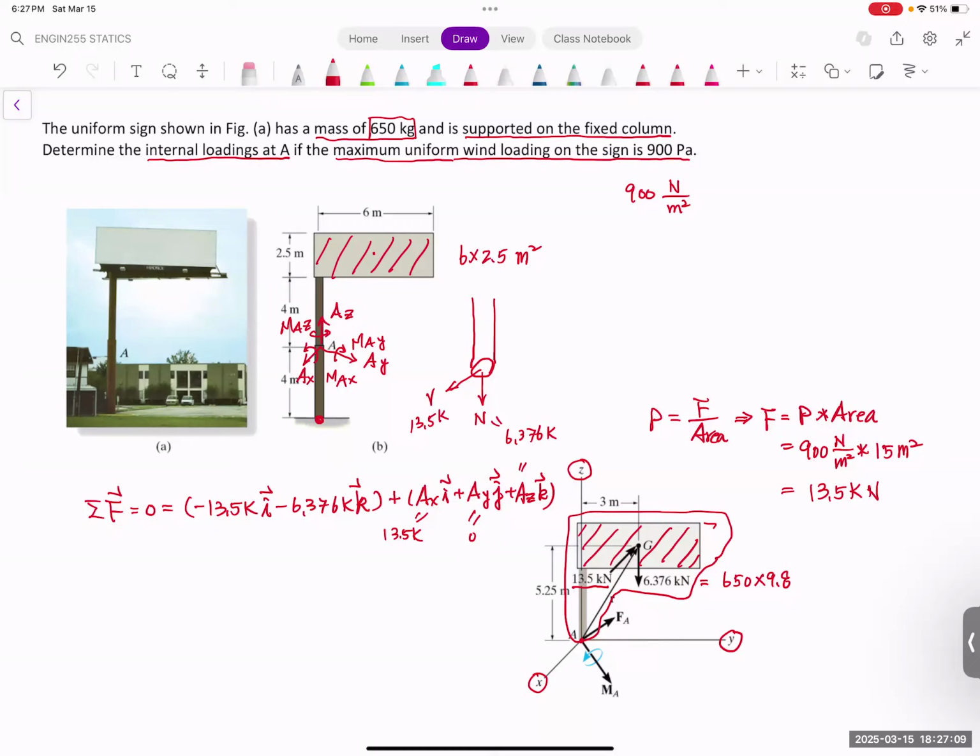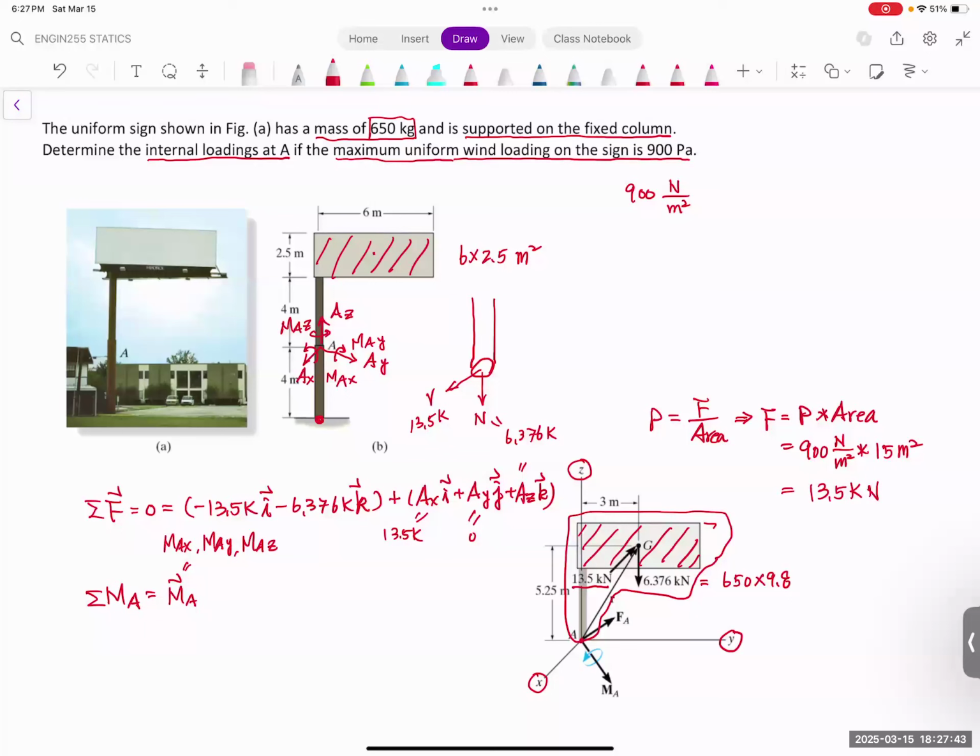Now, how do we find a moment? If you want to find a moment, we have to pick a point. Let's say the moment at point A. We choose this point because I don't need to worry about F of A creating any moment. We only have the moment of A. This moment is going to be a vector because it is composed of MAX, MAY, and MAZ.